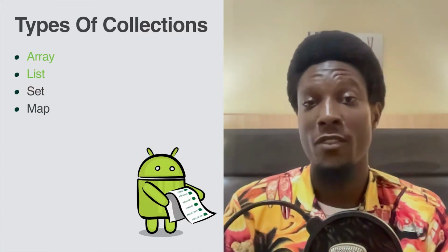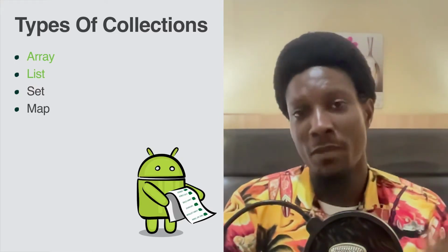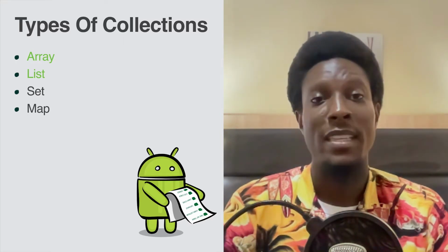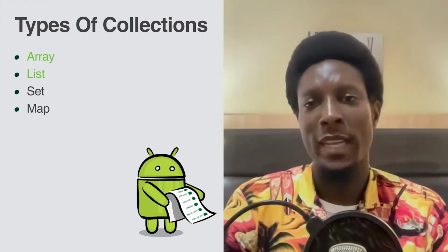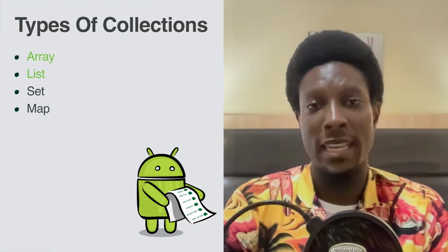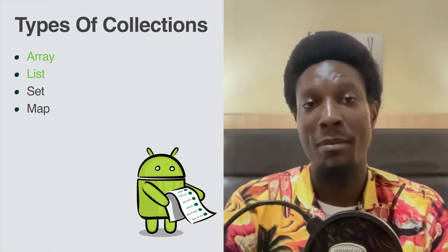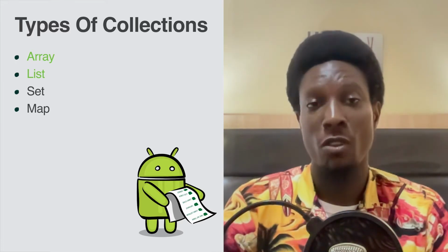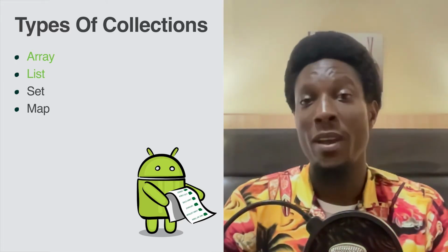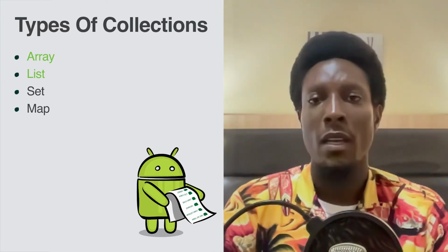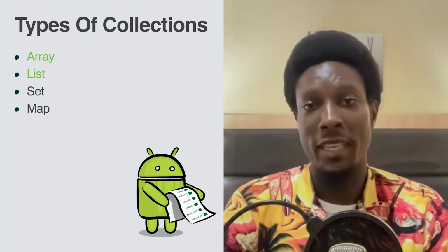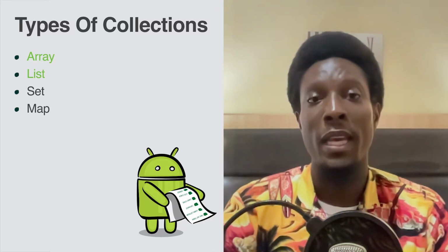There are several types of Kotlin collections. The two most basic are array and list. These two collection types represent collections where you can have multiple elements, and each element can be in a collection multiple times, meaning you can have duplicates. They are the most basic and the most common because they are used to store any type of information out there. For example, you can store collections of data to show in your application like a news feed or a movie list.